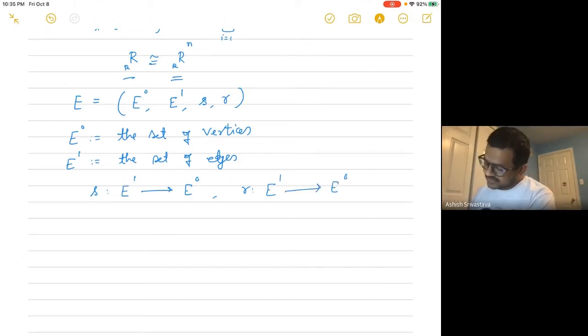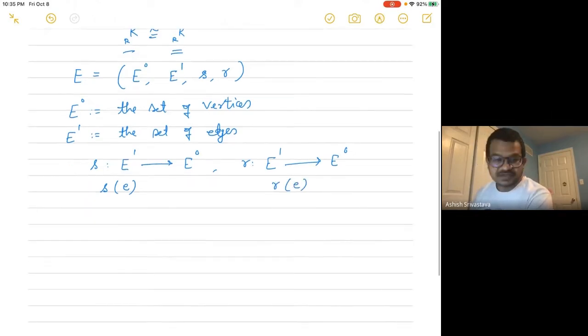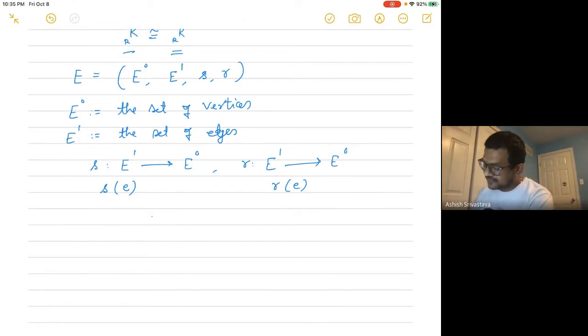Okay, so S of E means the source of edge E, okay, and R of E means the range of edge E. So for example, if E is this edge from A to B, right, then I'll say source of E is A and range of E is B, okay.